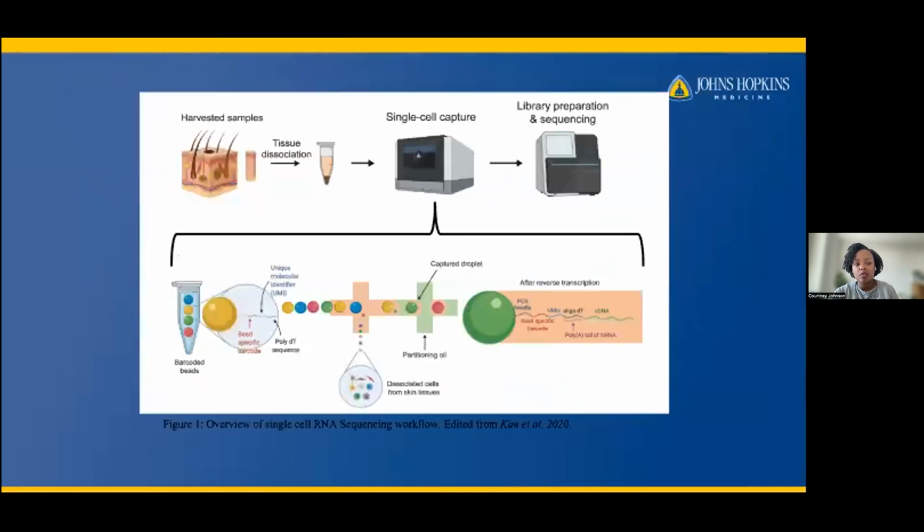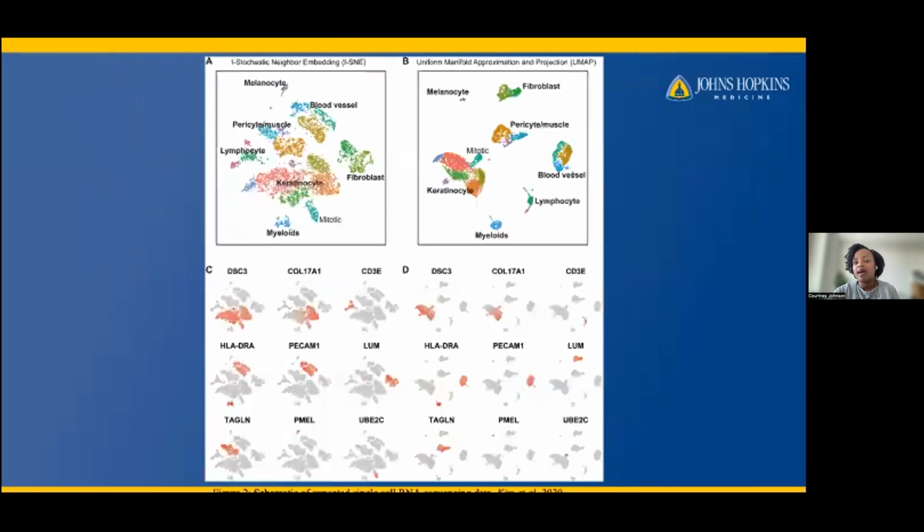So just a short overview of what that technology looks like. We actually take the sample, we're able to dissociate the tissue, isolate them into droplets with enzymes and unique barcodes, and then we can sequence each individual cell. And from that, using computational analysis, we are able to cluster the cells into populations, identifying subtypes and submarkers within the population.